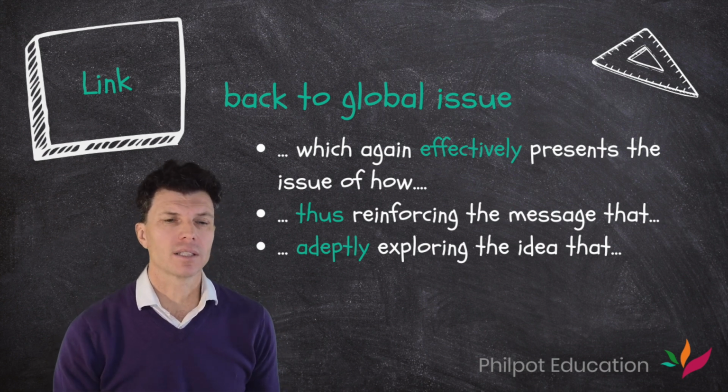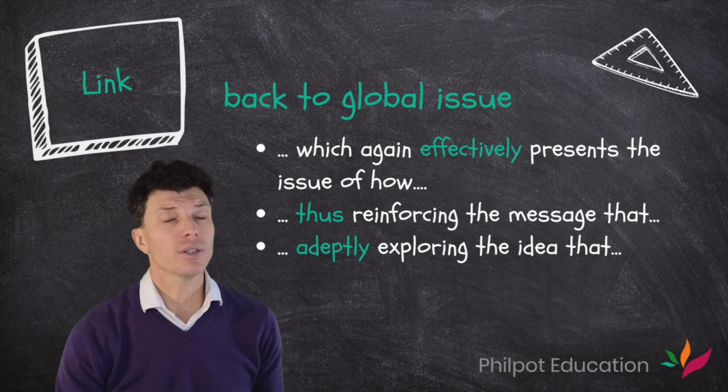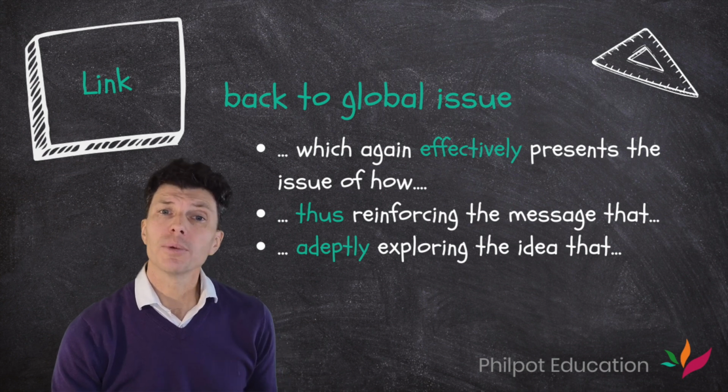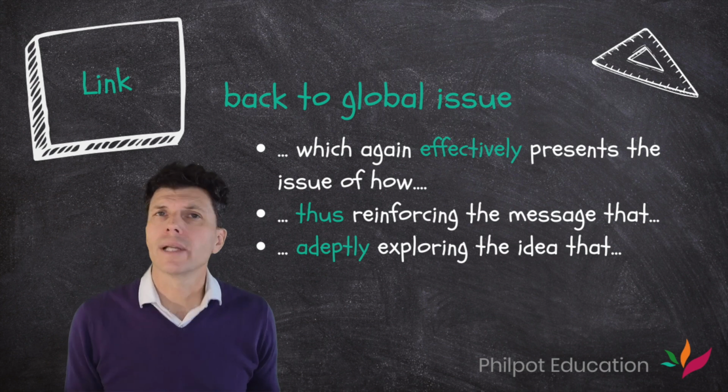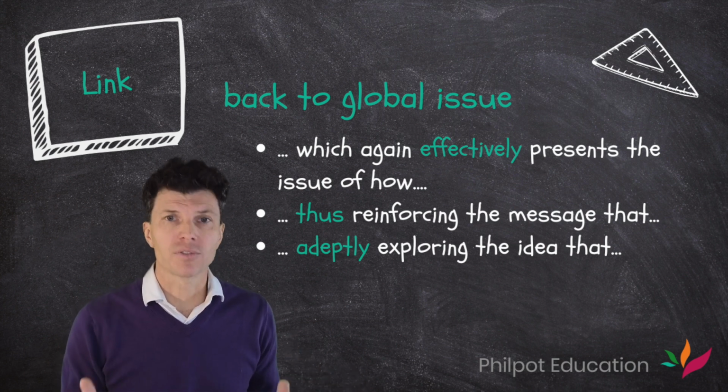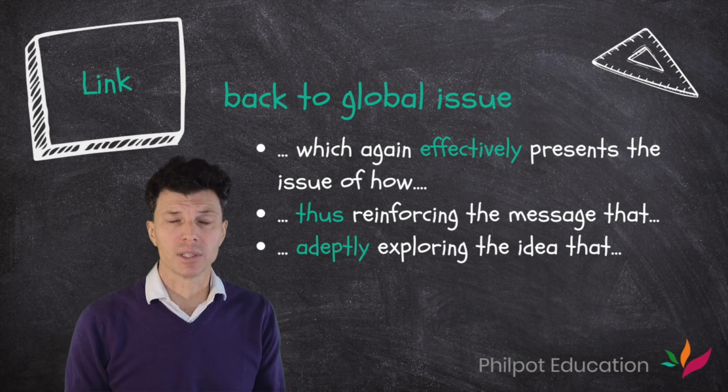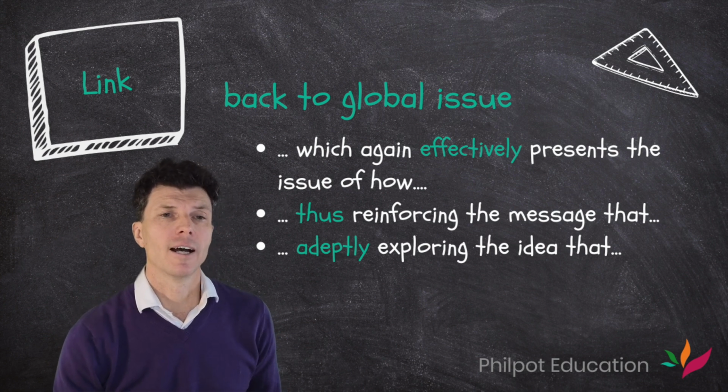These little words and phrases are like a clue to your teacher, your examiner, that you are evaluating the text as well in light of the global issue. You're really answering the question, so what? Who cares about this global issue? Well, it matters for these reasons, and the author is good at presenting it for these reasons.